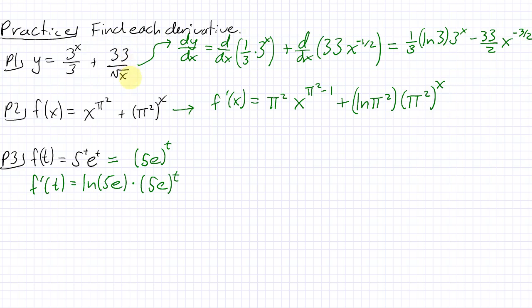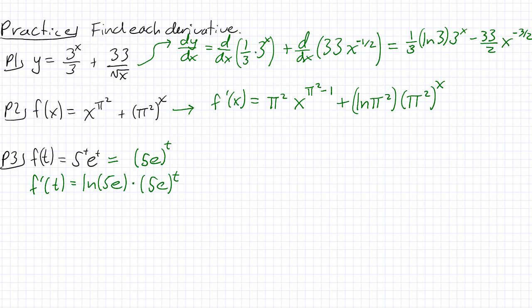Dividing something by the square root of x is the same as x times x to the negative 1/2. And then when we use the power rule there, we're going to multiply that 3 by negative 1/2. That's what you get. And then you get negative 1/2 minus 1 here. And that's what that looks like.